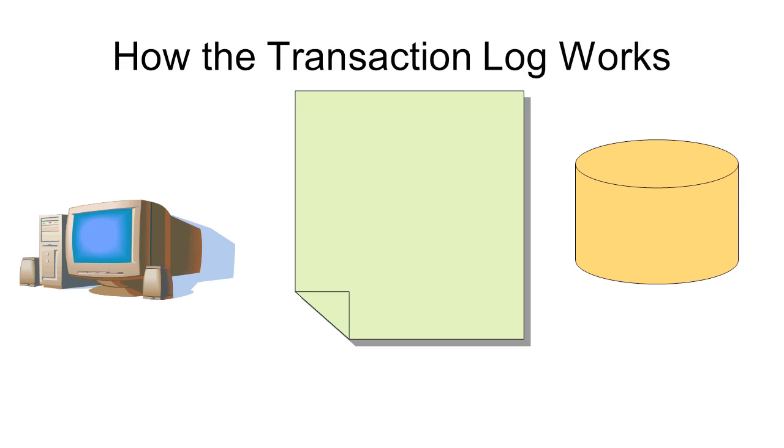So as transactions are sent from the client to SQL, initially those transactions are explicitly or implicitly started. The difference at this point is not real relevant. We'll talk about that a little bit later in another lesson when we talk about T-SQL. But what happens is a transaction starts, and it makes a note of that in the transaction log.